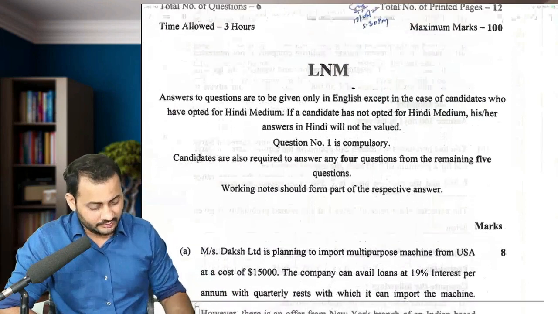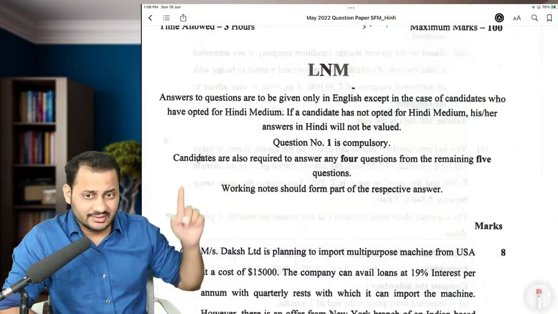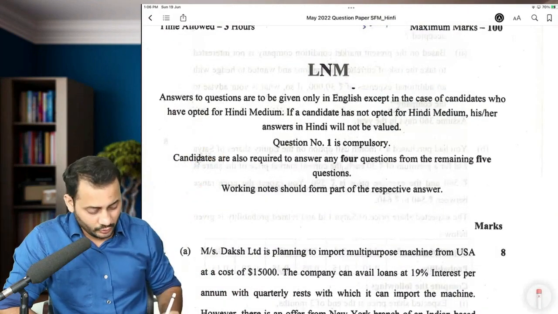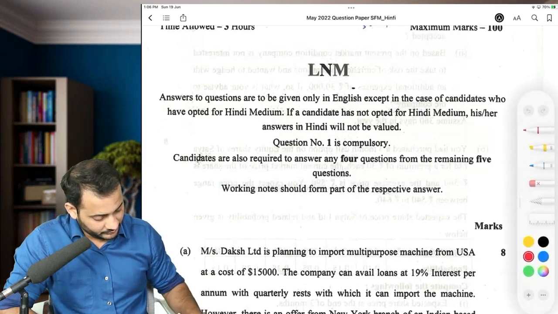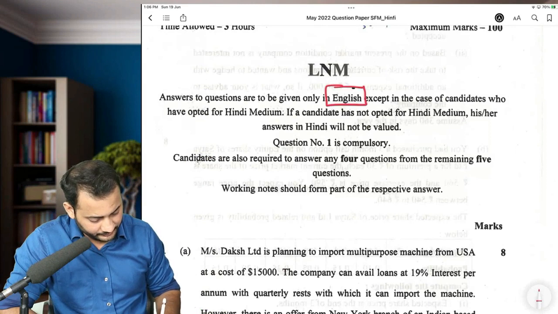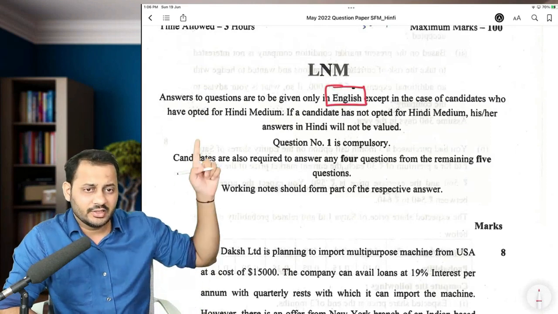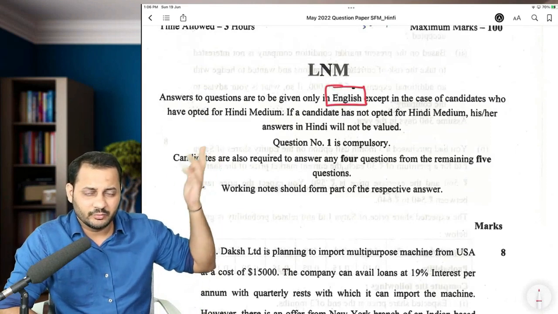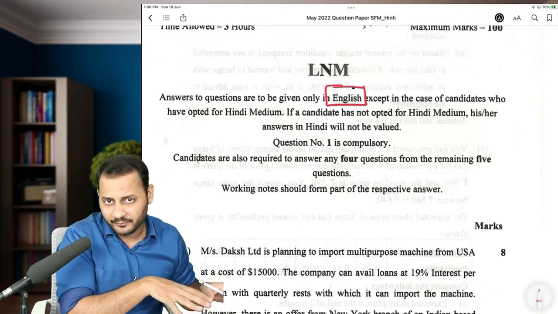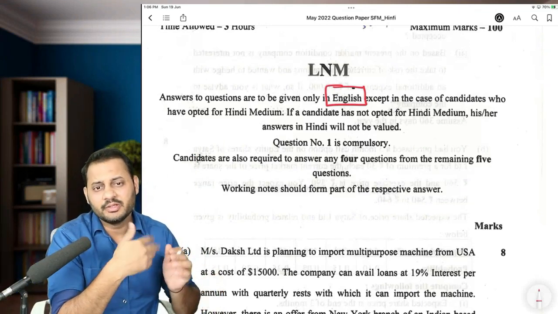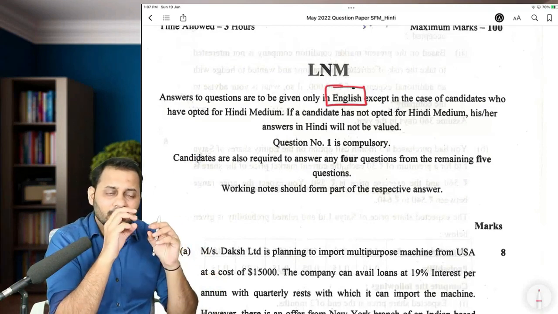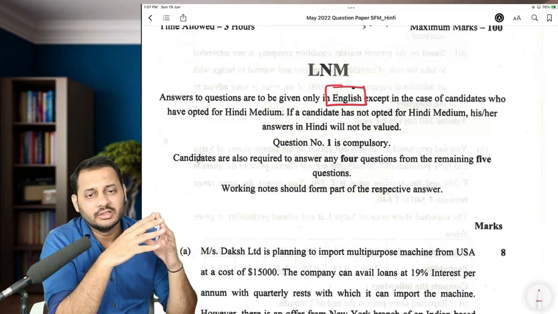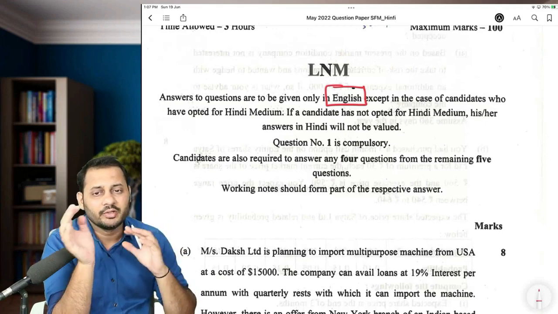The next important thing is here. Answers to questions are to be given only in English. First of all, this is applicable to all of you, except in the case of candidates who have opted for Hindi medium, those who want to write the answers in Hindi. Some people may not be that fluent in English, so they have opted for Hindi medium.